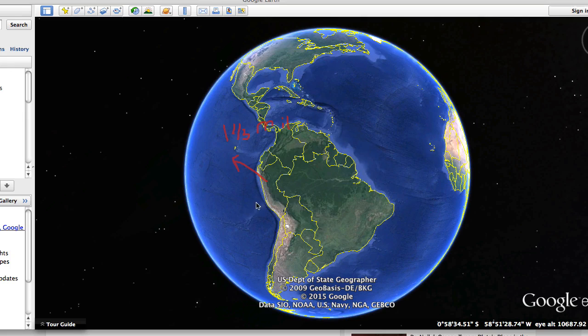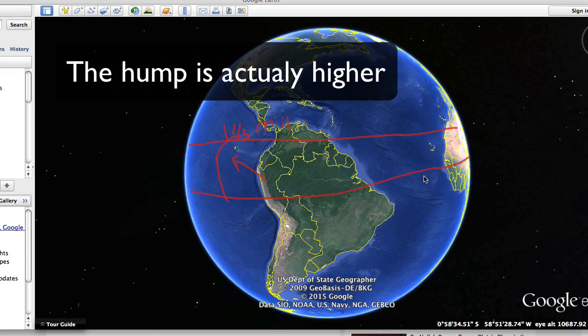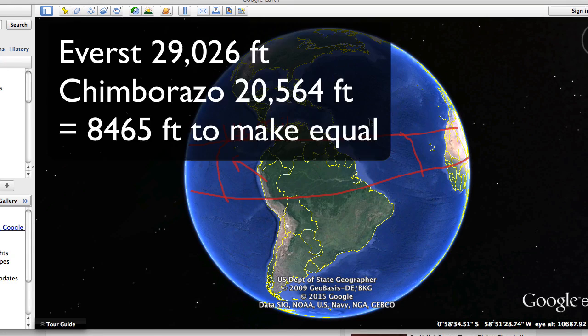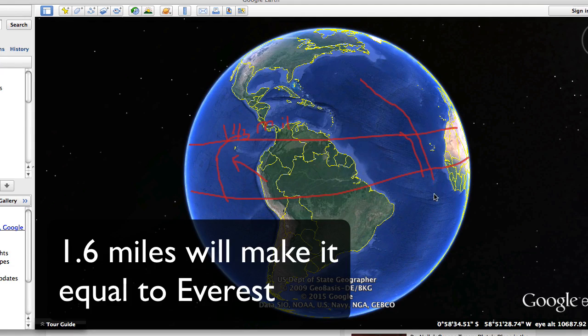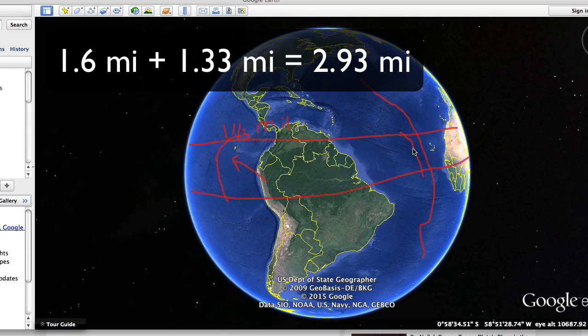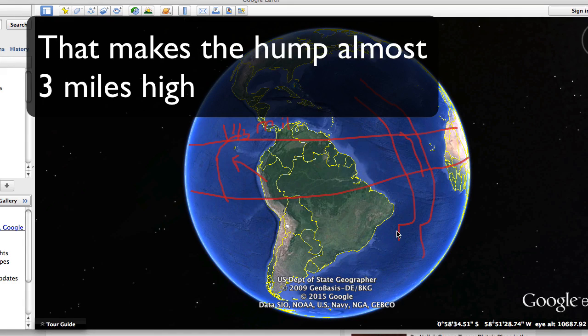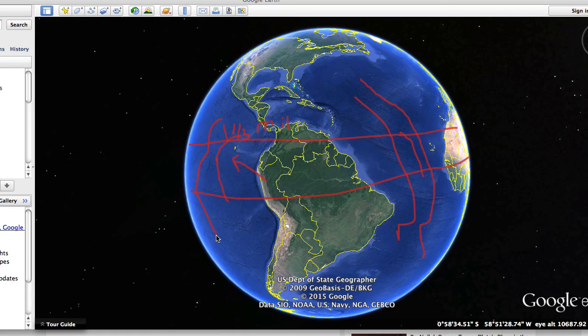So what this also means is that there is this giant hump right here that is 1 1/3 mile higher than other places. So that means these ships have to go over this giant hump. I don't know about you, but this just sounds ridiculous to me.